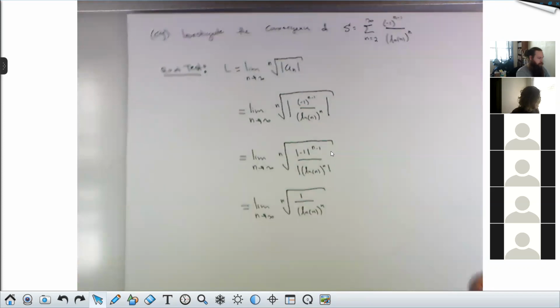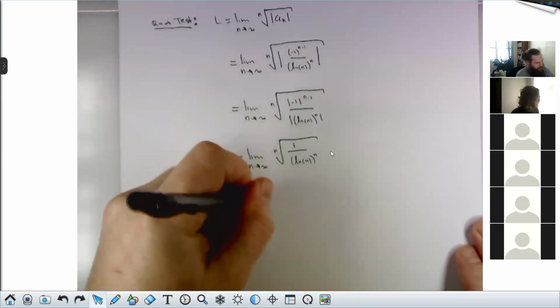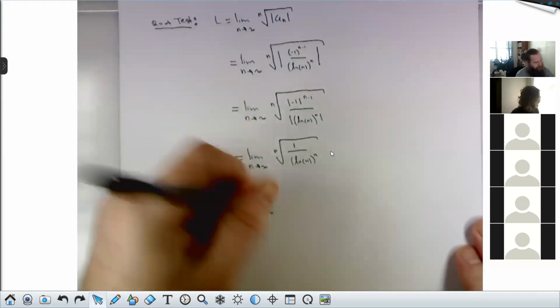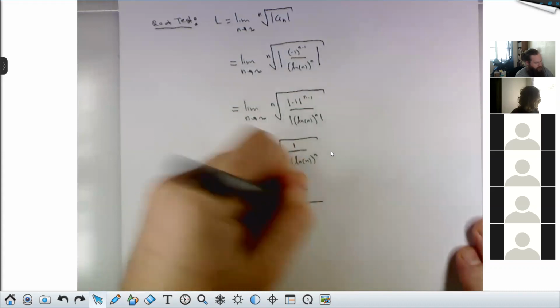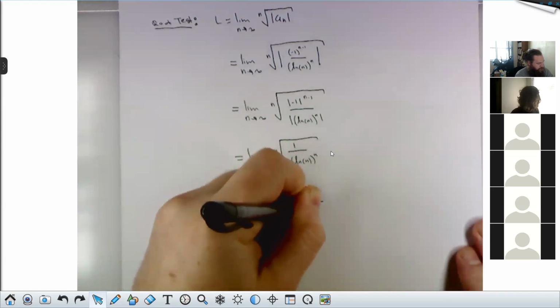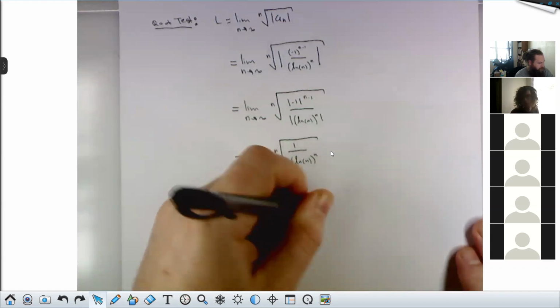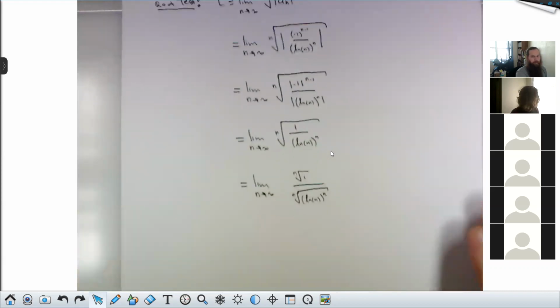Then I can give the nth root to the top and the bottom. It's the nth root of 1 divided by the nth root of (natural log of n)^n, like that.